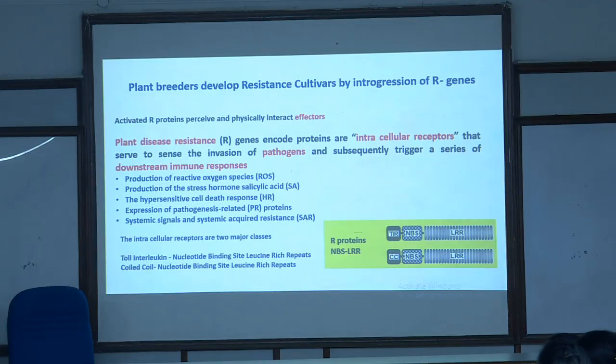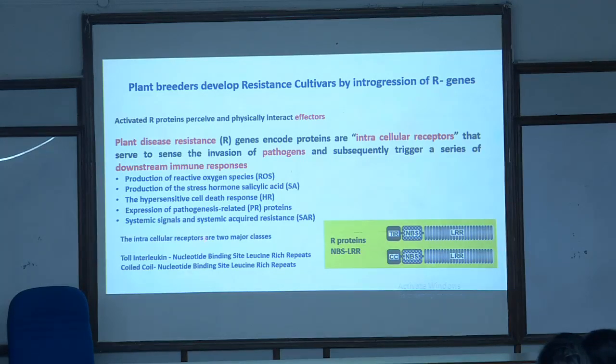This is a cascade of events operating on the plant side. And who opened this up? It is the interaction between R protein and the effector protein that opens this particular pathway to keep the pathogen from gaining access to those cellular hubs which otherwise would have contributed to effector-triggered susceptibility, right?